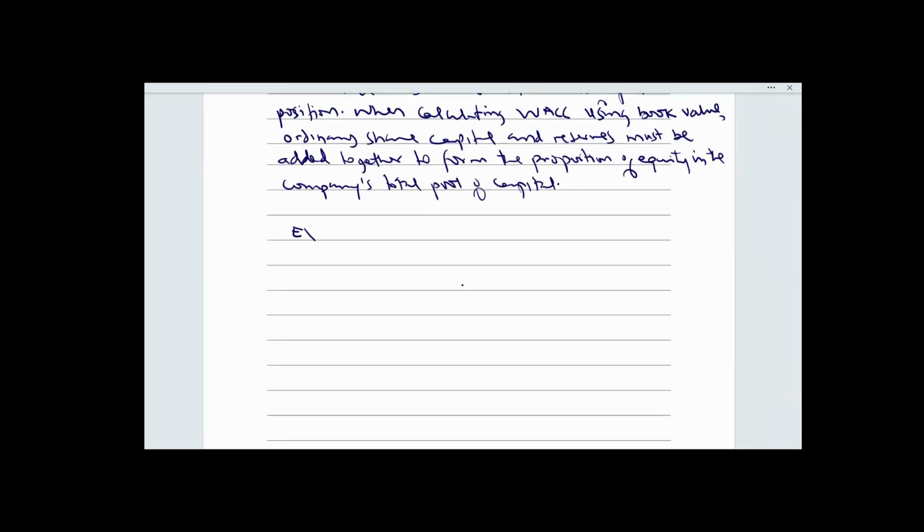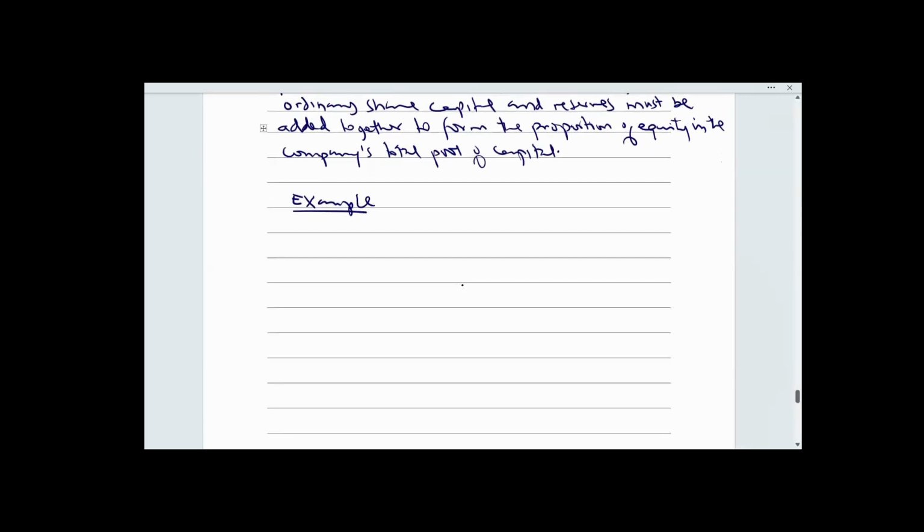For example, let's say in the company's capital structure, you have ordinary share capital of 1,000 naira. You have preference share capital of 200. Then we have debt capital of 300. You're also given reserves, say 500. When you add up, total is 2 million.